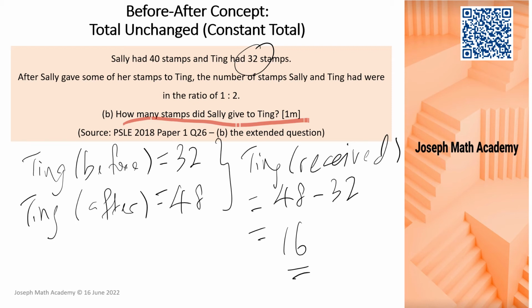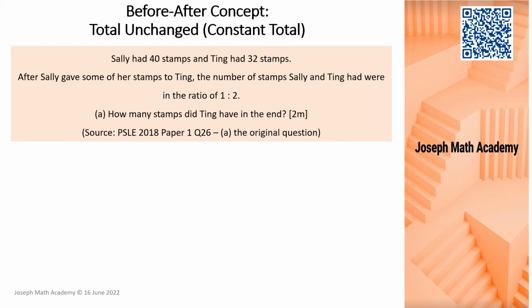Now I'm going to do the same question, this time using ratio without model drawing. It is still the same question, so I'm going to move on a little bit faster using ratio. So before and after.